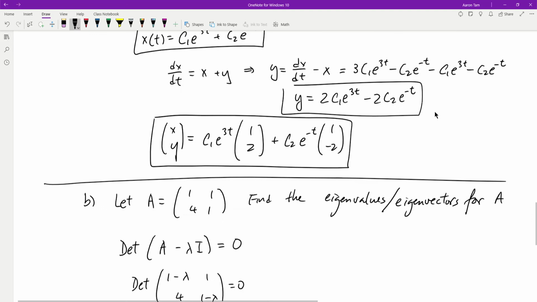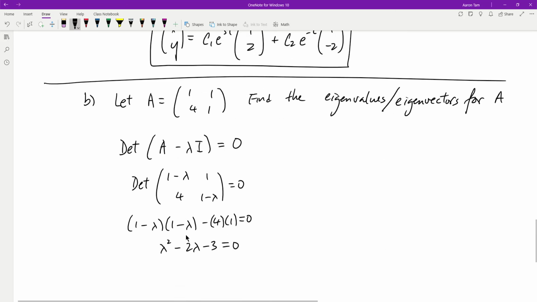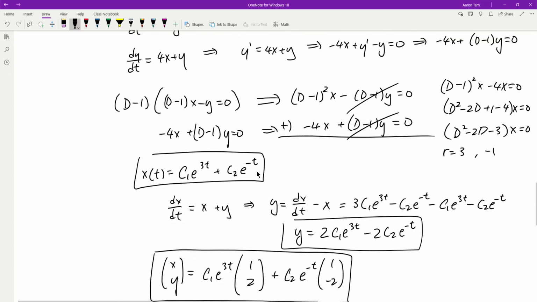If you recall from chapter 3, this equation has a name. It's also referred to as the characteristic equation. It's not by surprise that it's called the characteristic equation, because it is the exact same equation that we wind up having here.